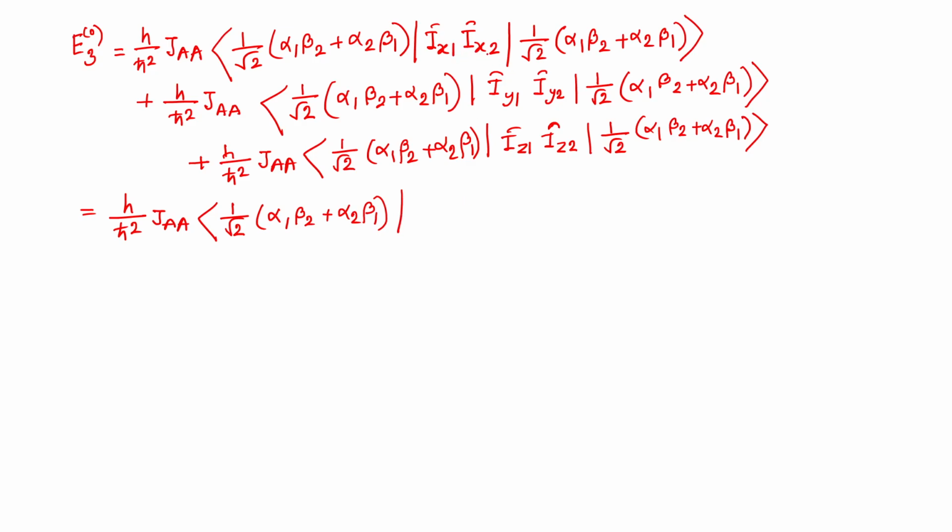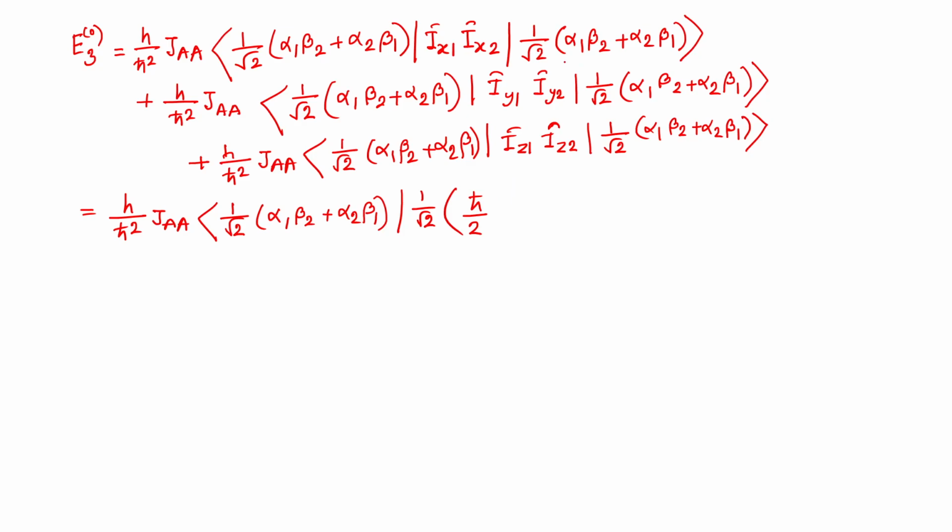See, Ix1 is going to operate on alpha 1, Ix2 is going to operate on beta 2. The same thing we are going to say. When X1 operates on alpha 1, you get h cut by 2.